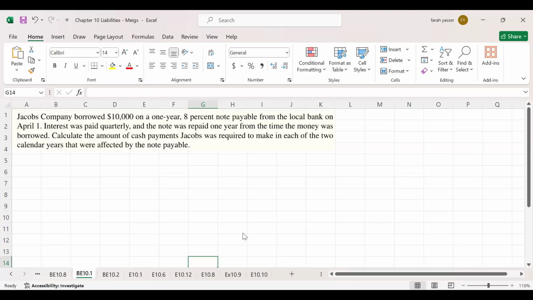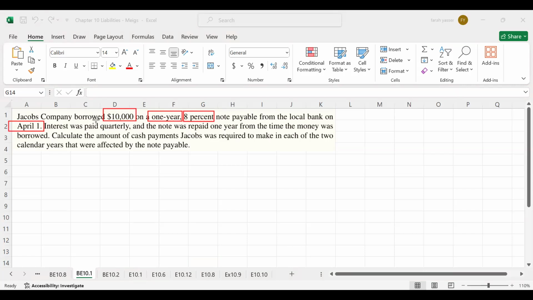So in exercise 10.1, the company borrowed $10,000 on a 1-year note, which means the borrowing is for 1 year. An 8% rate of interest is given, and the date of the borrowing is 1st April.